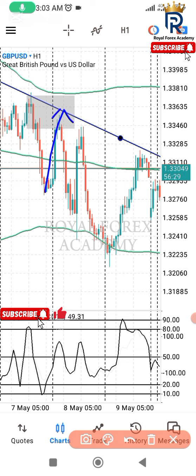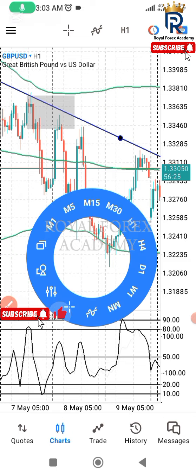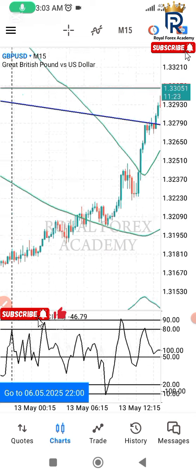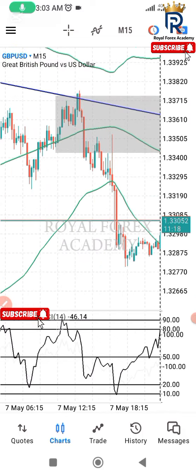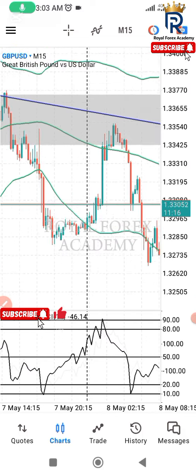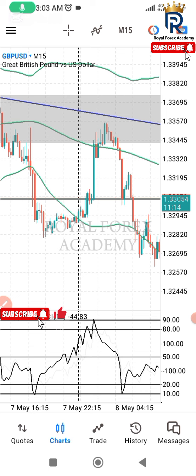So when price pulls back, you kindly move to your 15-minute time frame. So let's look for that point on our 15-minute time frame. So this is the place, and here is the zone we are looking for on our 15-minute time frame.